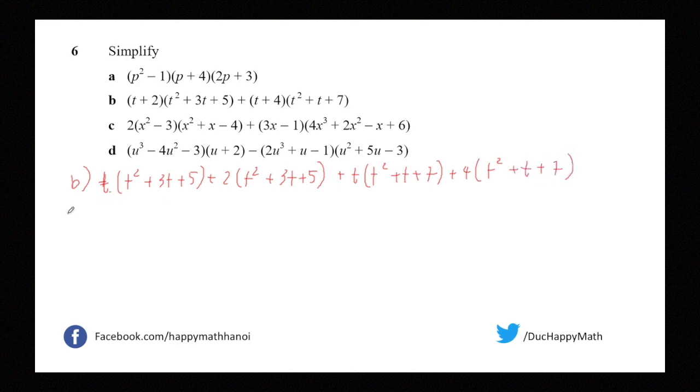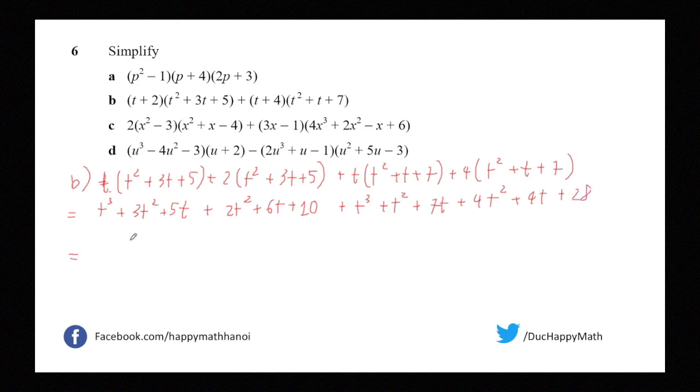And then I break it. 3t squared plus 5t plus 2t squared plus 6t plus 10 plus t cubed plus t squared plus 7t plus 4t squared plus 4t and plus 28.